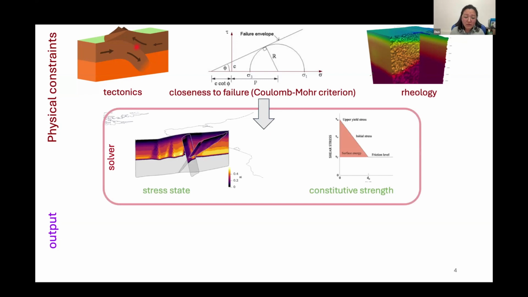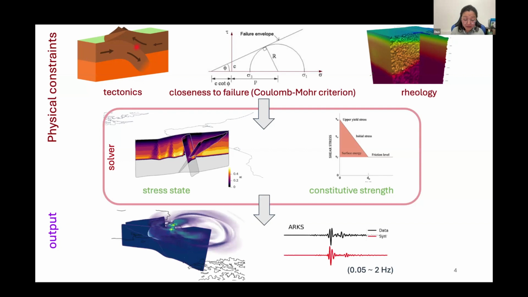And we put all of this input into the numerical solver. It will resolve the balance between the driving stress and the constitutive fault strength at each time step. So it will give us the stress perturbation and the velocity. That includes the fault slip on the fault surface and the ground shaking on the free surface.